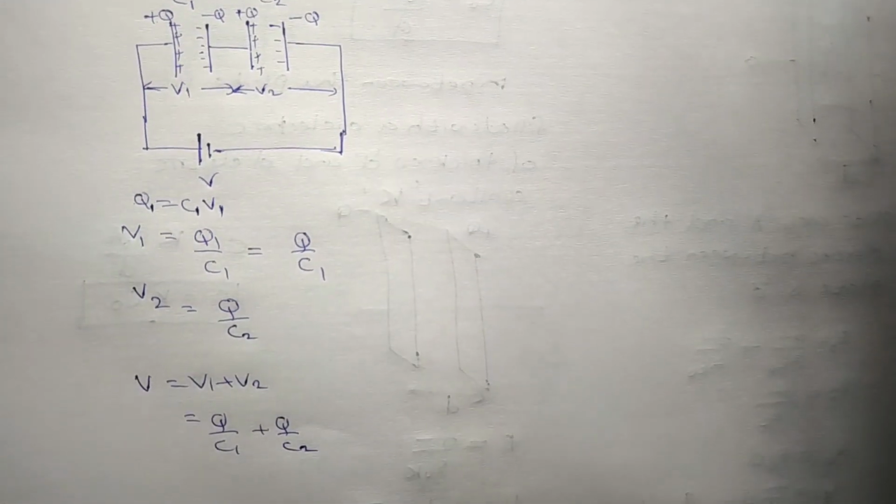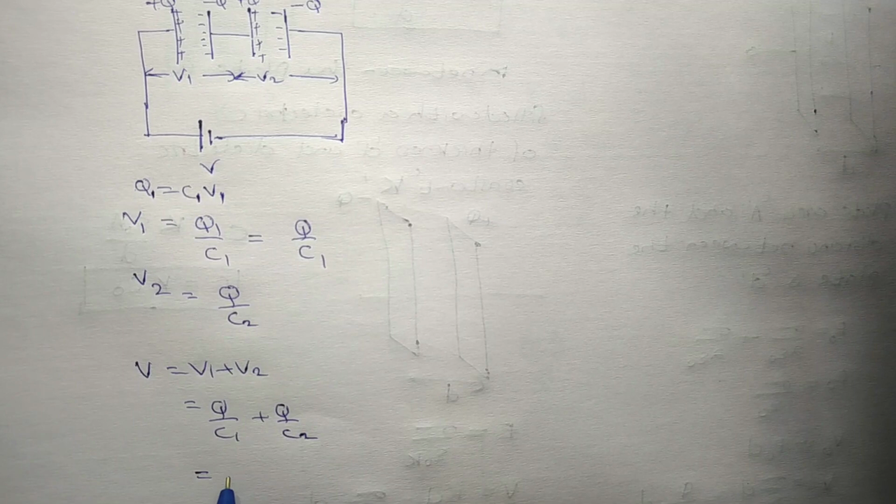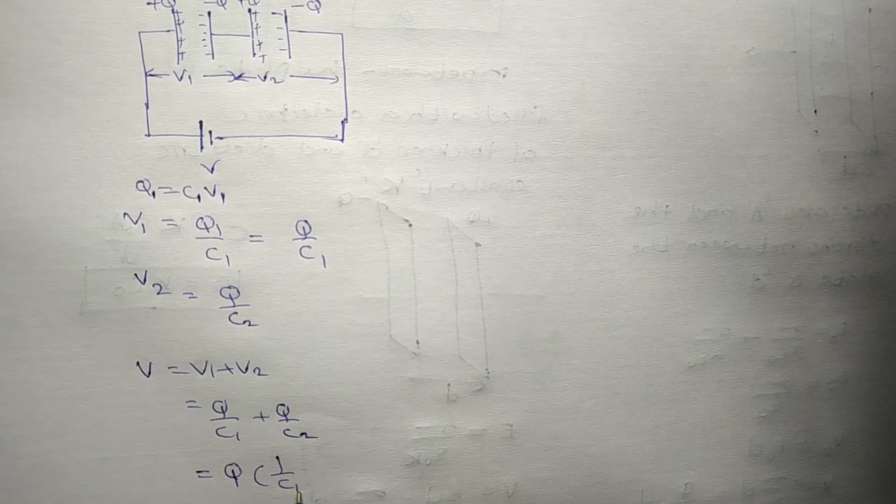Clear? Then from this, what is constant? Q is constant. You can take it outside. That is Q times 1 by C1 plus 1 by C2. Clear?